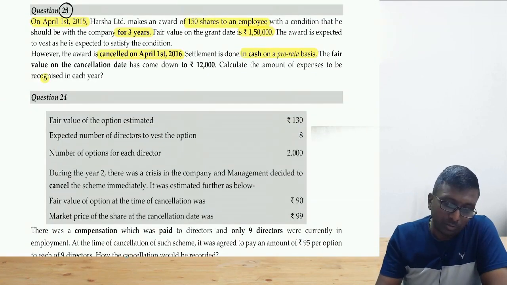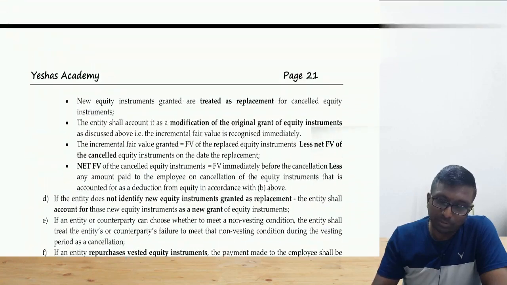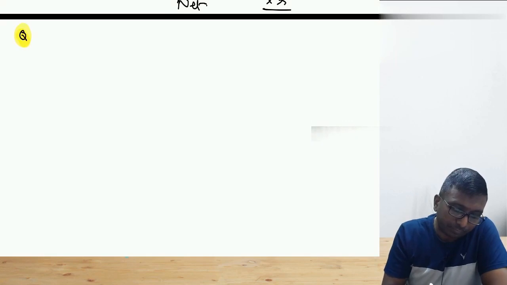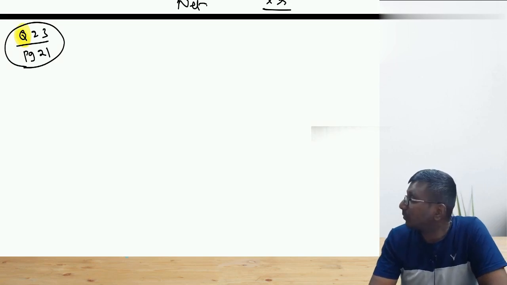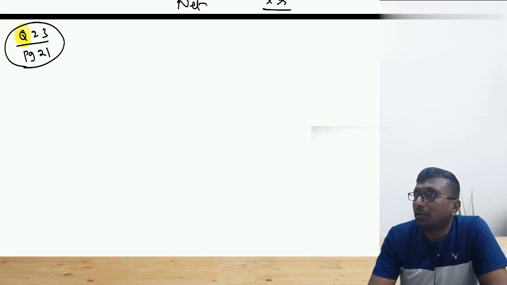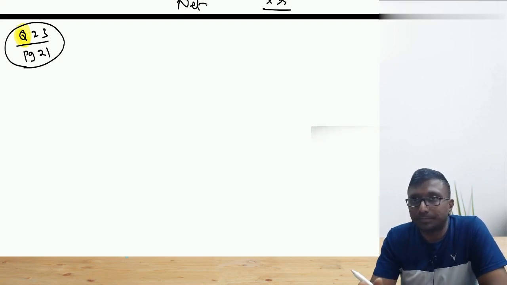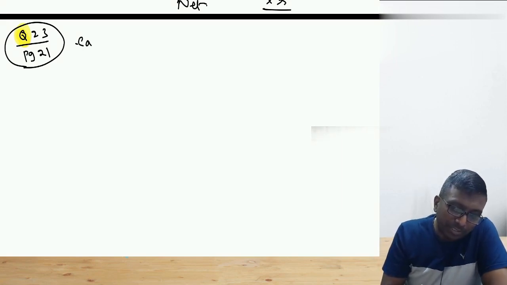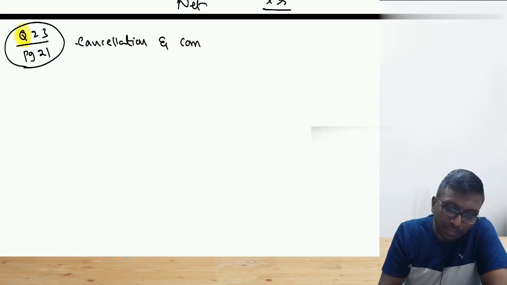Question number 23, page number 21. First year you have done normal. Recognize. Yeah, you write cancellation and compensated by payment of cash.